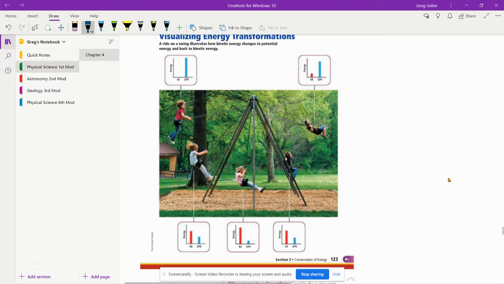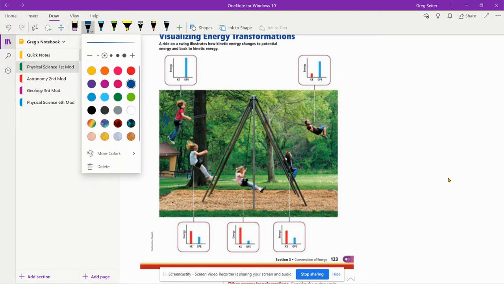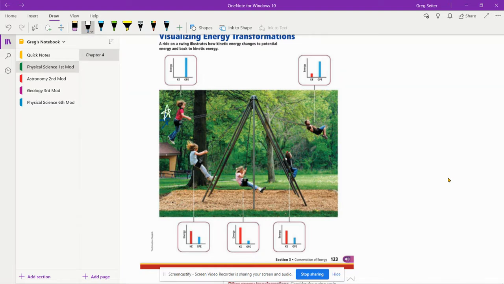Same thing going on in a swing right here. Well, let me change my color so we can see it a little better. Right here, high gravitational potential energy. Kinetic energy is lower.